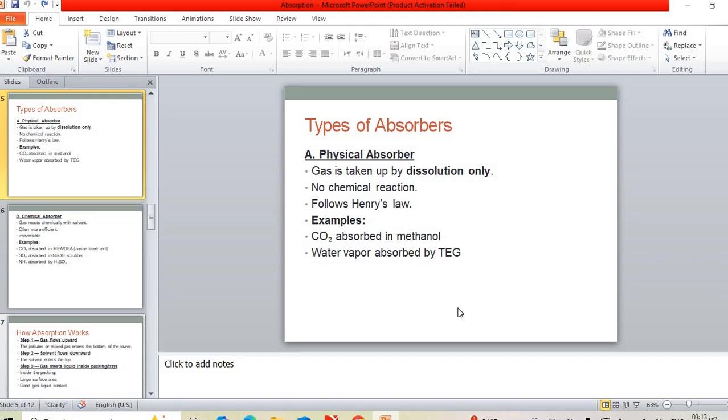So it can strip the solvent and make it recycled back. You regenerate the solvent, and the gas itself you can get as a separate stream, and you can use it in another process if you want.